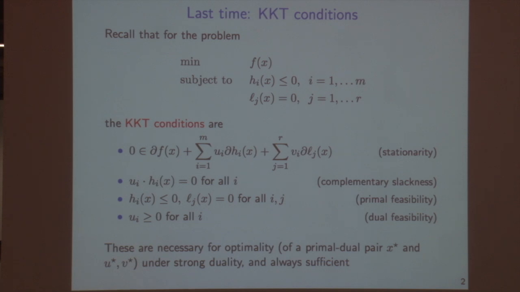Remember, Slater's condition told us that for convex problems, if there's a strictly feasible point in the primal, then we get strong duality. So for that class of problems, the KKT conditions are necessary and sufficient for optimality. So they completely characterize what it means for point x to be primal optimal and simultaneously what it means for the pair u, v to be dual optimal.